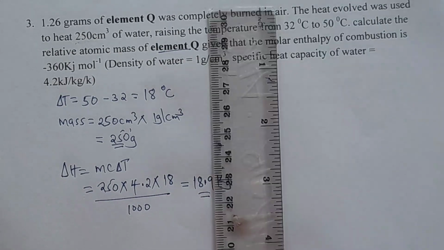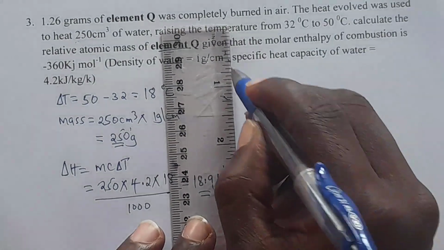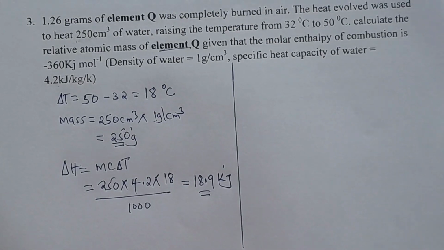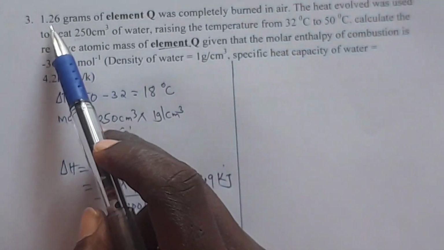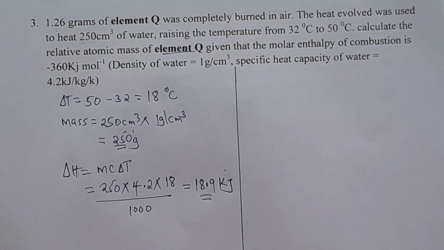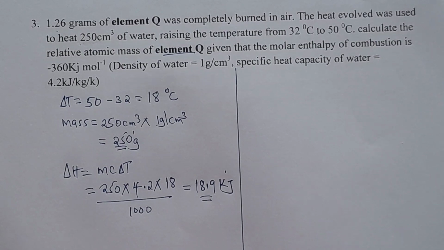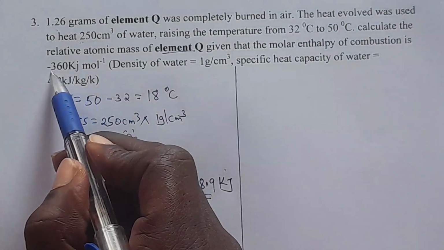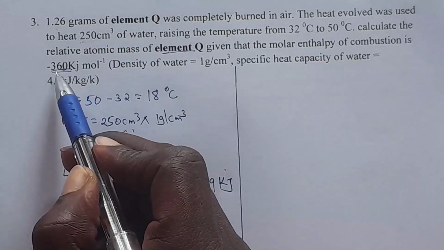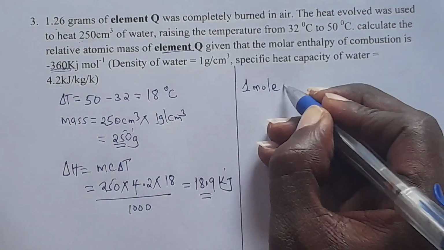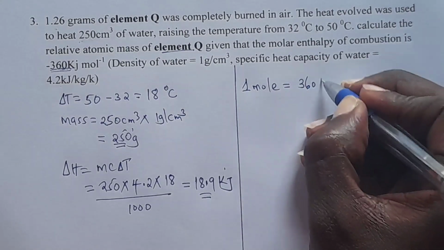Next I'm supposed to get the number of moles, but I cannot get the number of moles, although I have the mass of the element Q, because I don't have the molar mass of Q. That's what I'm going to look for. So I have to get the number of moles another way. I've been given the molar enthalpy of combustion to be 360 kilojoules per mole. So I say 1 mole produces 360 kilojoules.